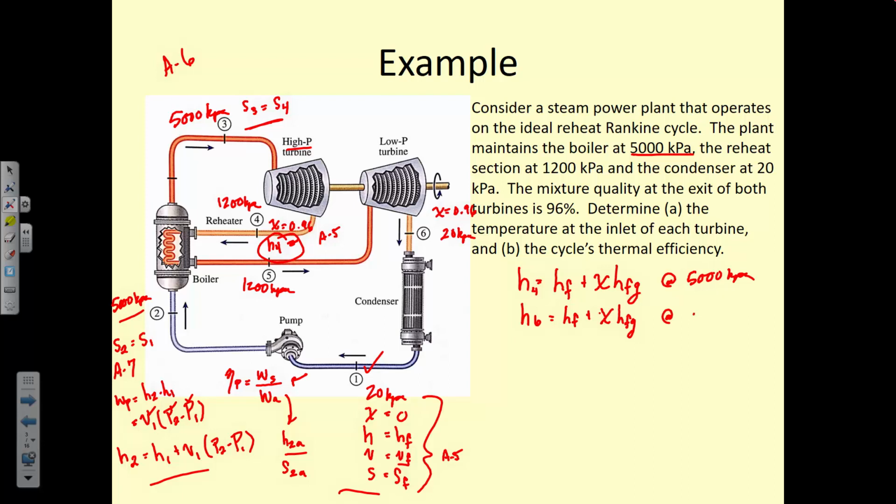And this one is at 12, oh no, that's not 5,000. Yeah, 1,220 kilopascals. And then you use that 96% of x.